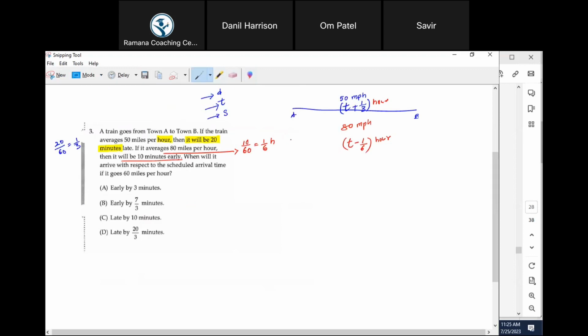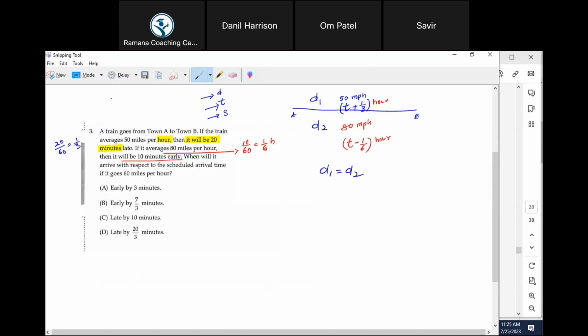But let me ask you one question. Even though he is traveling at different speeds and taking different times, the distance traveled in both cases is what? Same. Got it? That means the distance traveled here and here is the same. Agree?